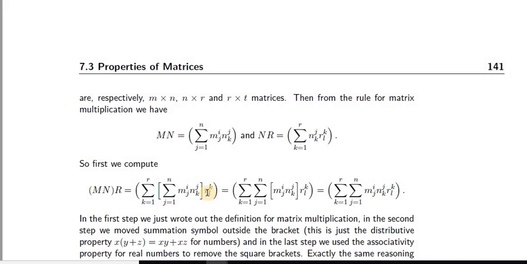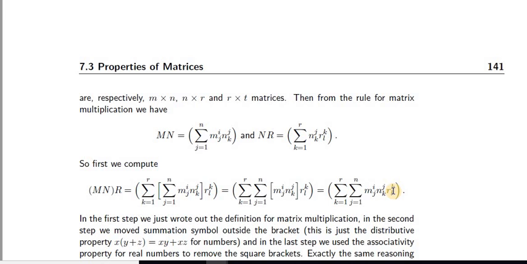So here I can basically combine the sums. This is a repeated sum. I can just do the sums together and get this result. I can write this as a double sum over terms that are products of three entries.